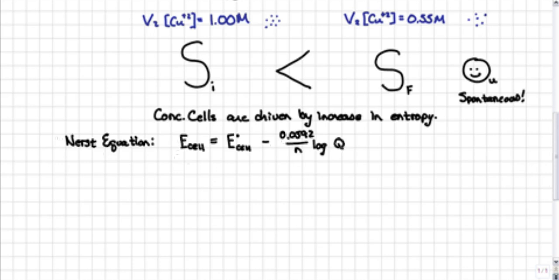Okay, so in this case, the Nernst equation undergoes quite an important change, as the standard cell potential in this case, which we would get by taking the standard reduction potential for the cathode, and subtracting the standard reduction potential for the anode.